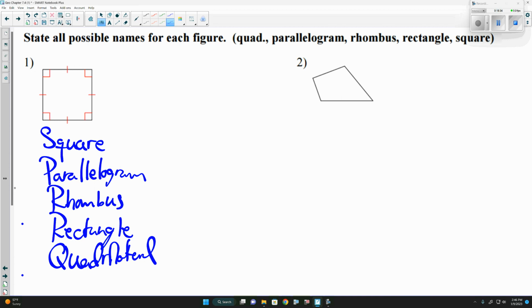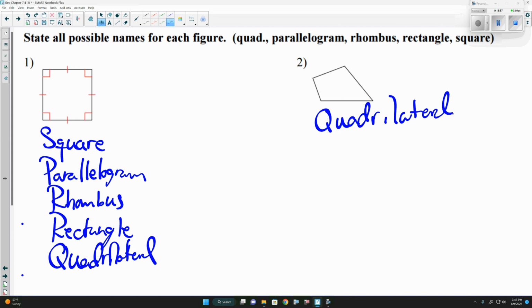Let's look at number two. So guys, we're almost done. Quadrilateral. Rhombus. How do we know it's a rhombus? By definition, what's a rhombus?